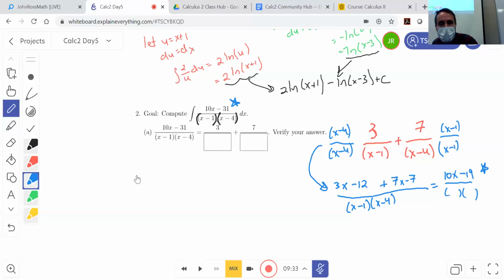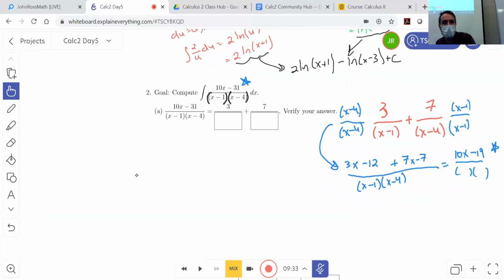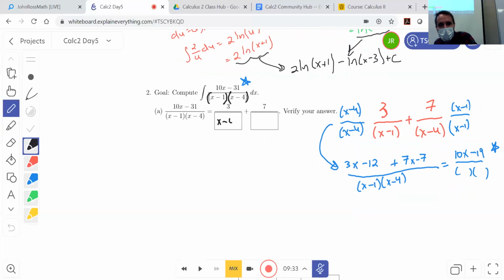Which is a shame. Let's try the other way. So let's guess putting the x minus 4 under the 3 and x minus 1 under the 7. What would we end up getting in this case? Well, we can play the same game and try to find our common denominator. So here's us checking to confirm that this is right.